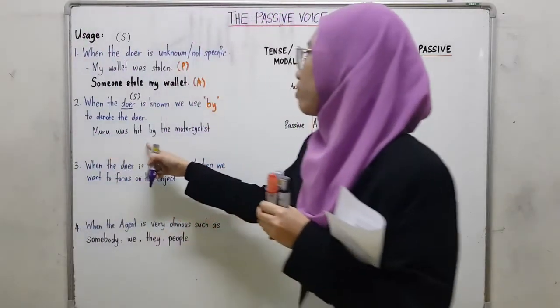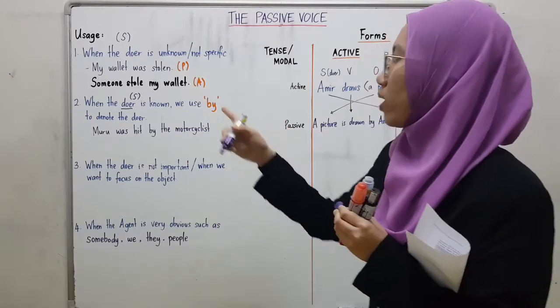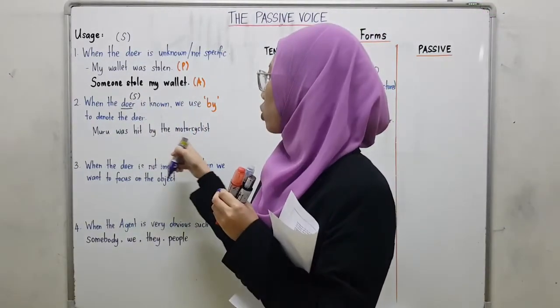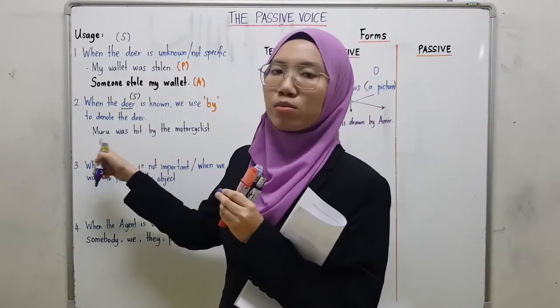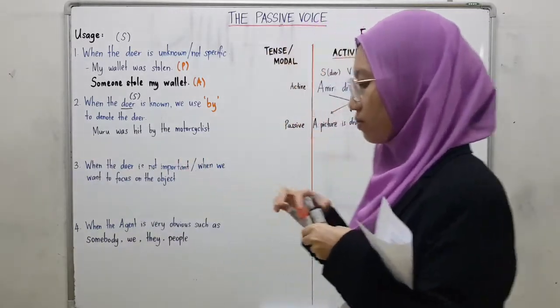Okay, so Muru was hit by the motorcyclist. When you want to change into active, it will be the motorcyclist hit Muru.